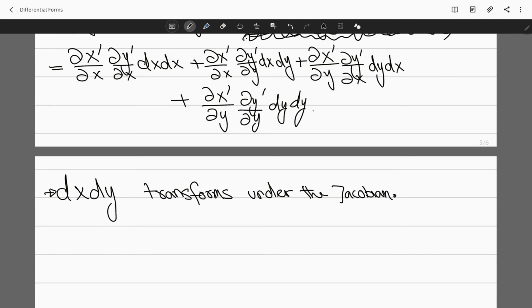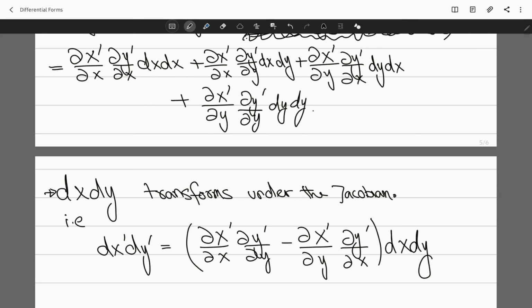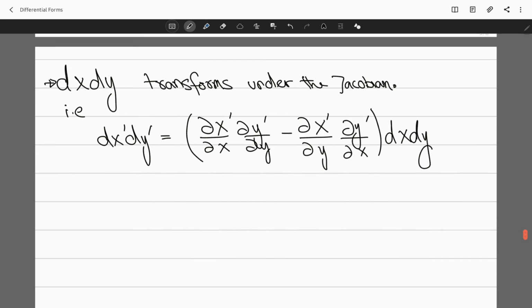Hopefully you also know this, and that is simply dx prime dy prime is equal to partial x prime over partial x times partial y prime over partial y minus partial x prime over partial y times partial y prime over partial x, times dx dy, which is exactly what we get if dx dy is equal to negative dy dx.